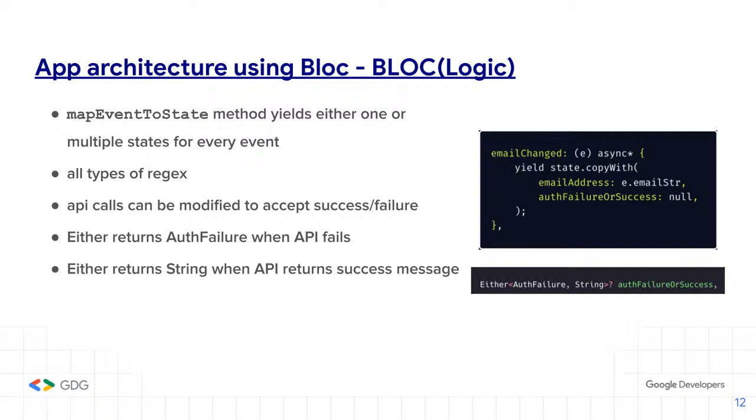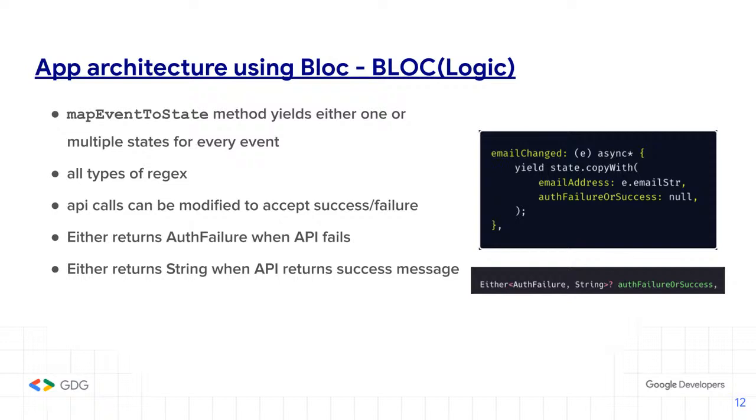So let's say when I make a call to a sign in API, two things can happen. Either my API can fail because of some network issue or something went wrong, or the API was successful and it returned data. For these two things, I can simplify by returning both of them.